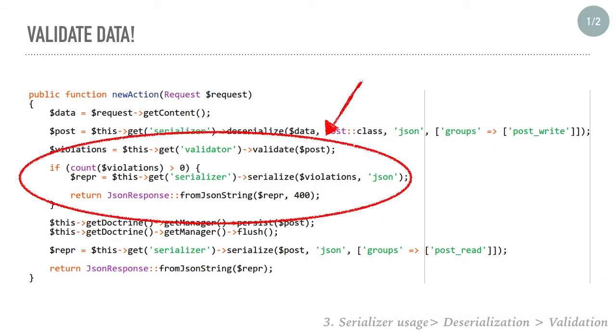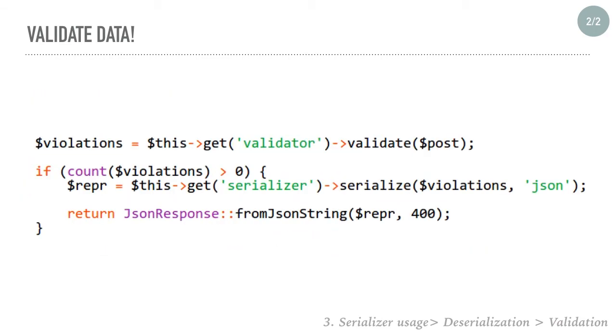So in here, I'm in my action. Let me zoom in for you. The deserialization was done, so I have the objects. I just have to call the method validate on the service validator that will call the component validator.